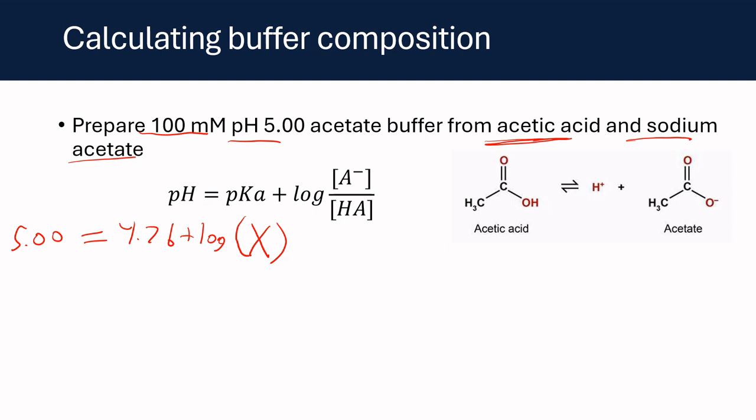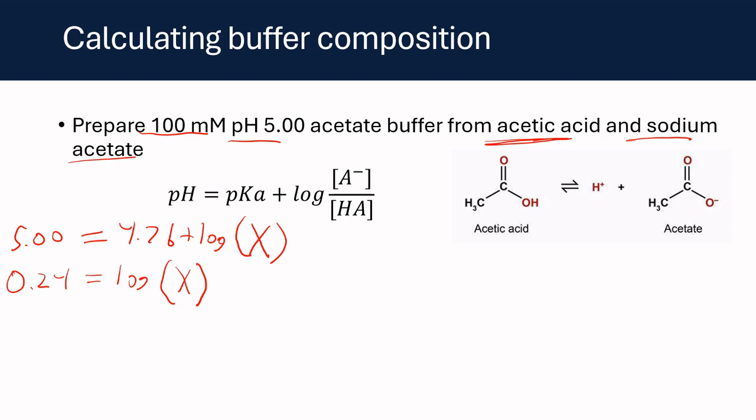All right? So let's do the fun part, subtracting the pH and the pKa. That's going to give us 0.24 equals log of what I like to call big X. All right? This is doable. How do we solve for the log of X? Think back to the last lecture. All you need to do is just put everything to the power of 10.